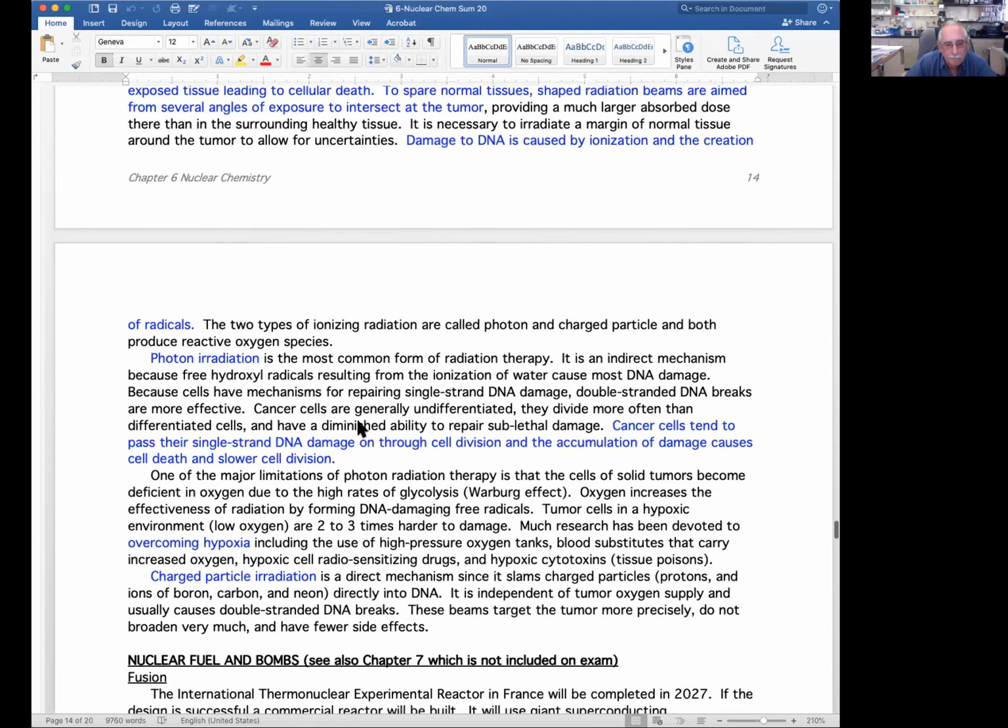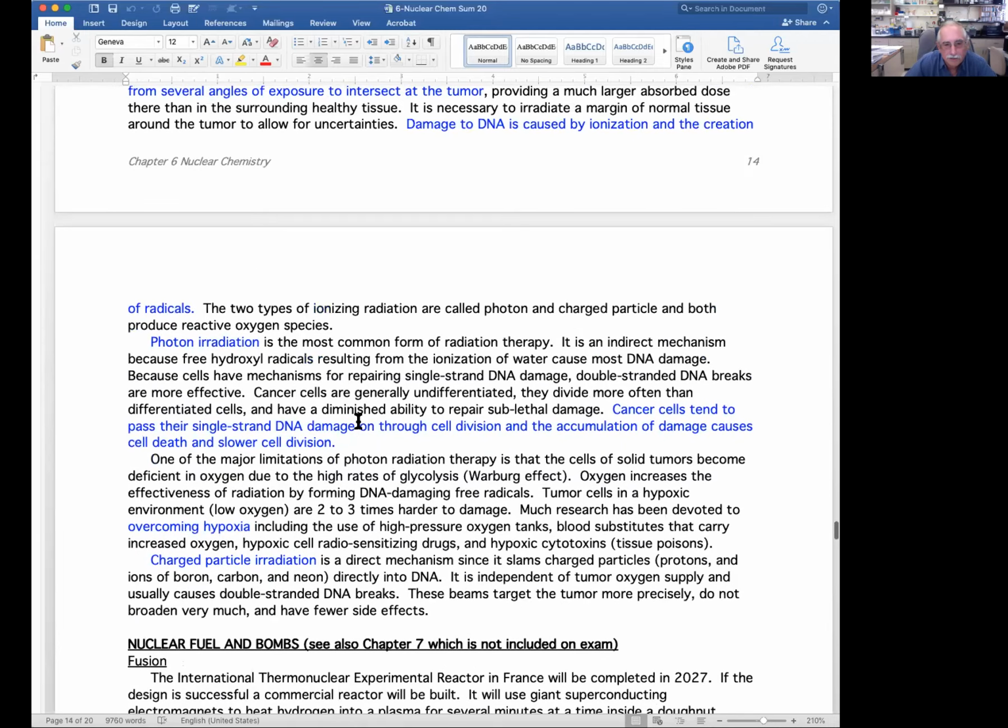Anyway, there's a whole bunch of different problems that come with this. One of the problems is called the Warburg effect. What they found many, many years ago was that tumor cells have a different metabolism. They rely a lot upon glycolysis, not as much on aerobic metabolism.